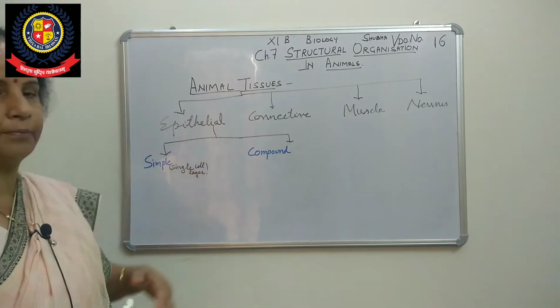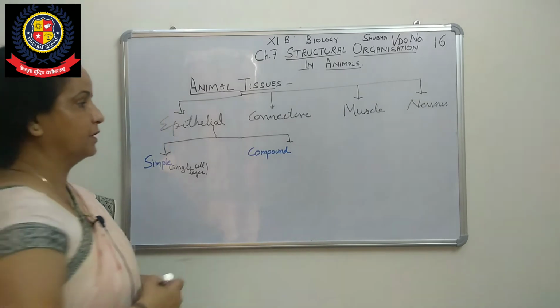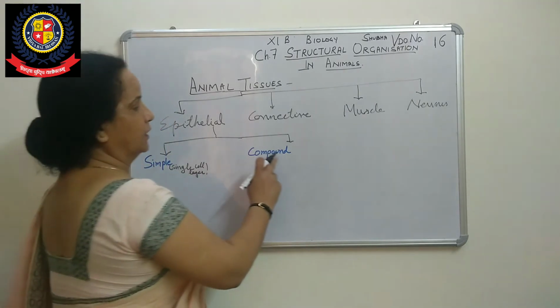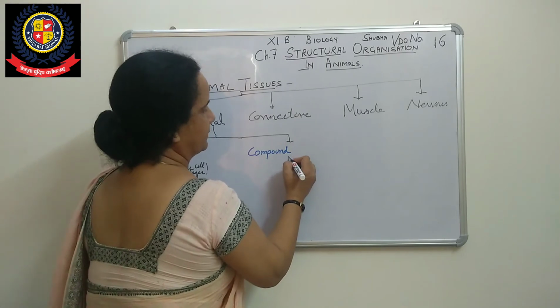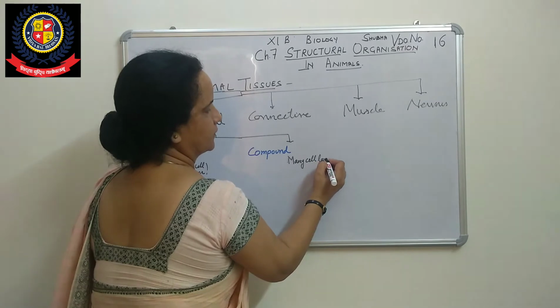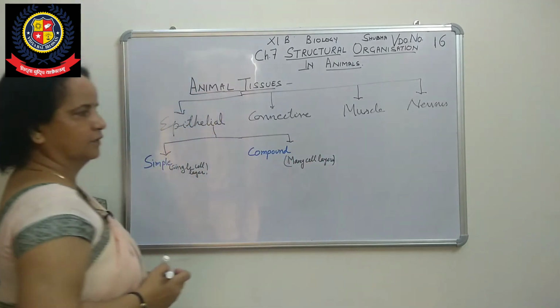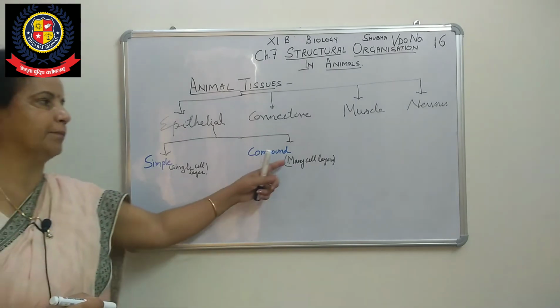When we talk about compound, it means many cell layers. Made up of many cell layers, they form a compound tissue.